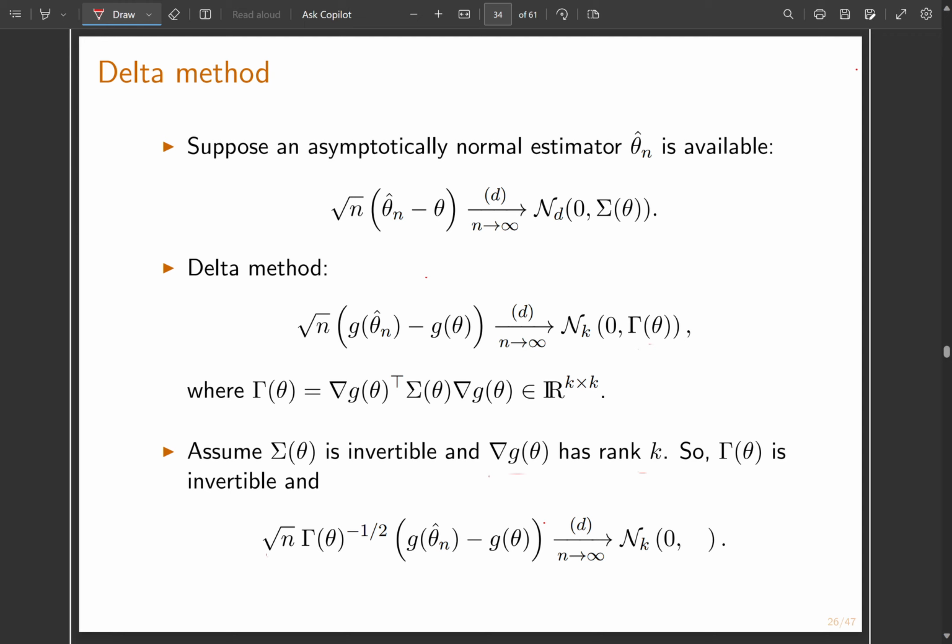Before we delve into that, we have to understand that theta hat n is an MLE, and it can be an average or some kind of estimation that will allow us to say that it converges to some asymptotic normality.